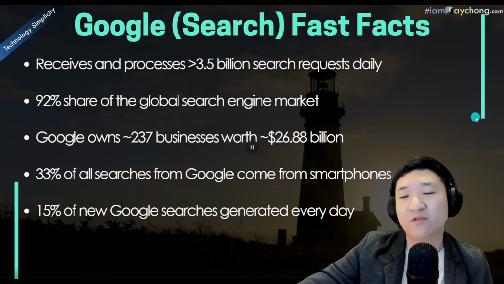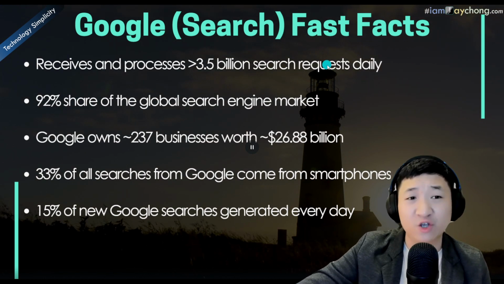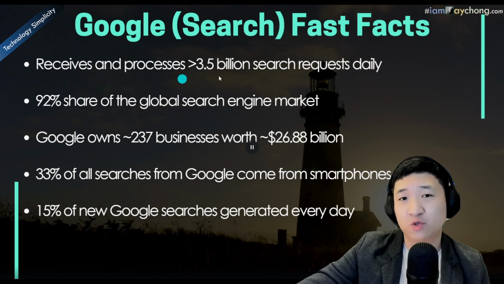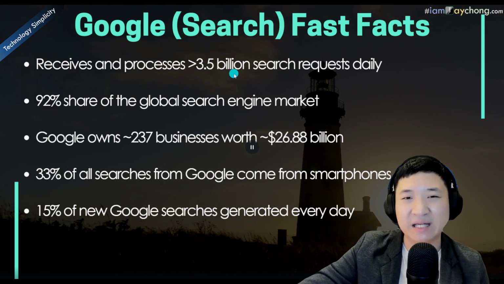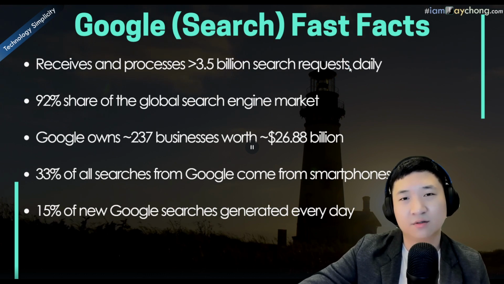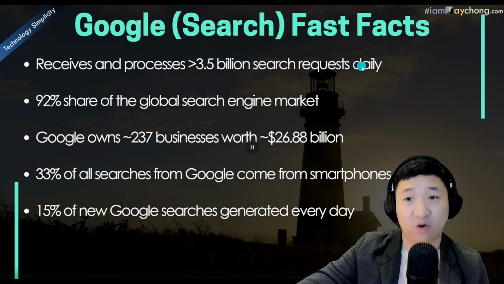Let me give you some fast facts before anything. Number one, Google receives and processes 3.5 billion search requests daily. 3.5 billion daily. Do I need to repeat myself? It's a huge number, in terms of 24 hours.